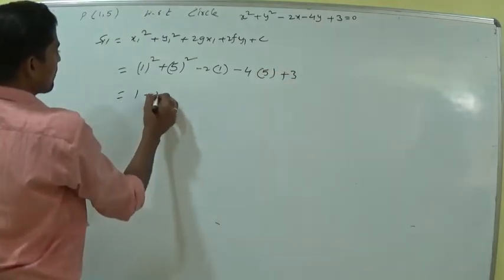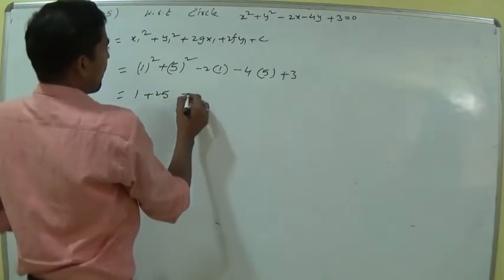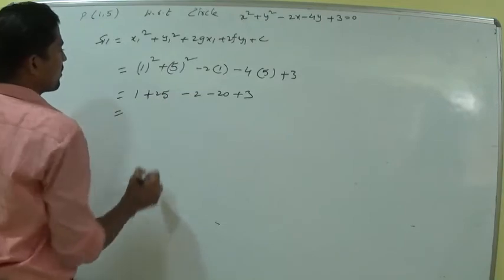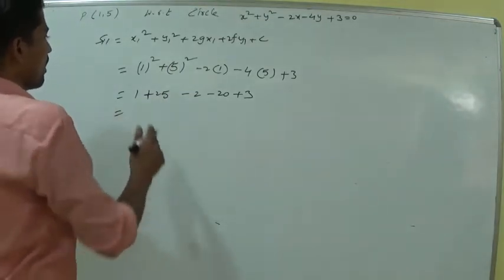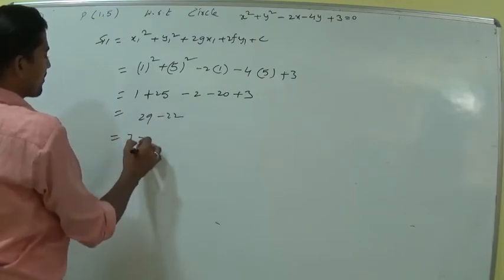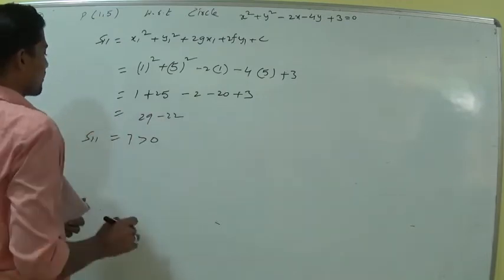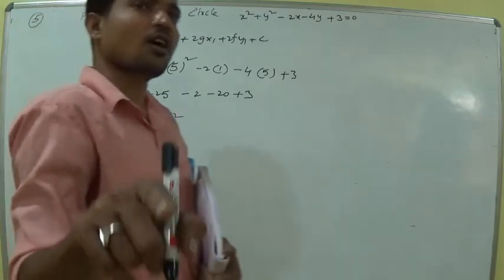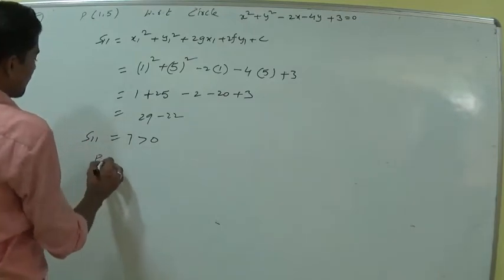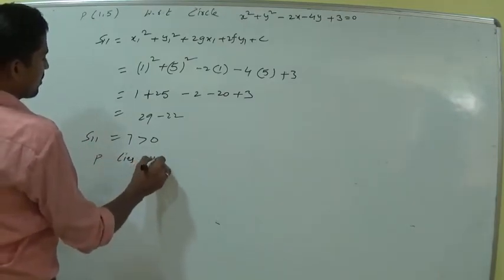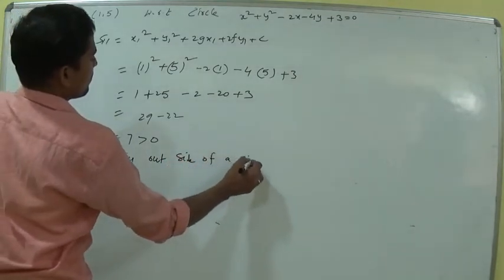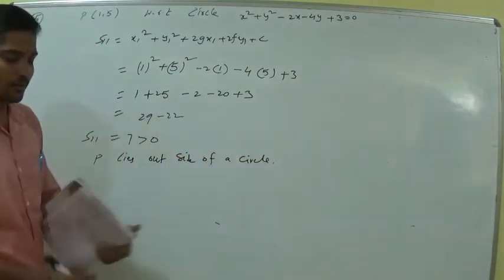That is 1 plus 25 minus 2 minus 20 plus 3, which is 29 minus 22, which is equal to 7. 7 is greater than 0, so S11 greater than 0, which means P lies outside of the circle. Right?